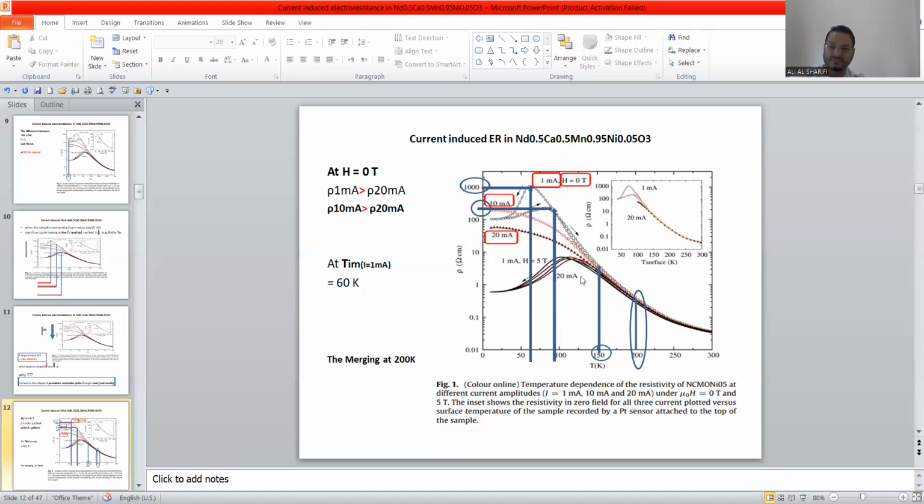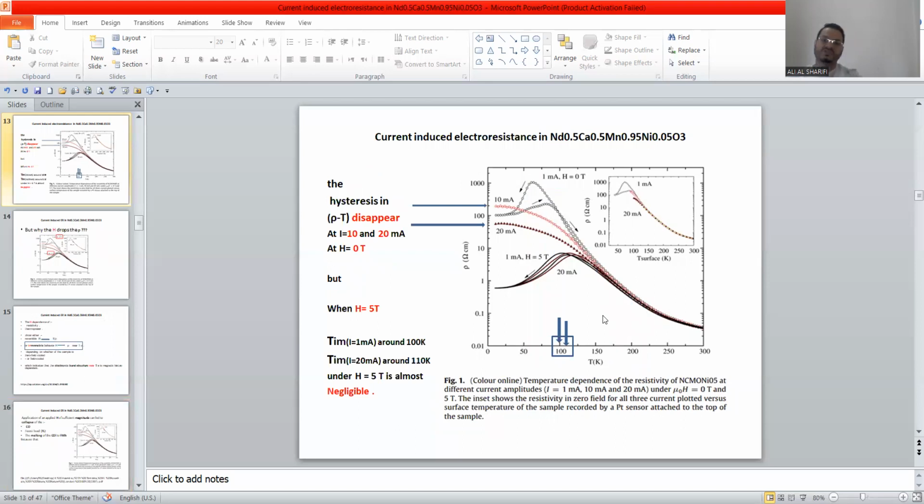Here, the hysteresis started to disappear at 150 Kelvin, and not approximately, sure, it disappears. We don't have any hysteresis phenomena anymore at 200 Kelvin.